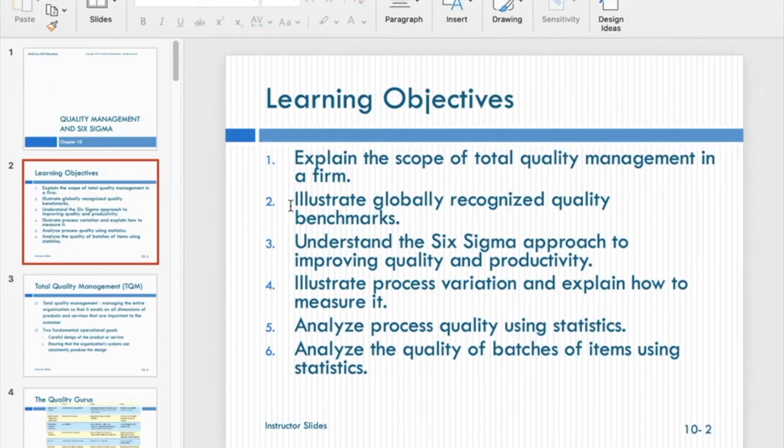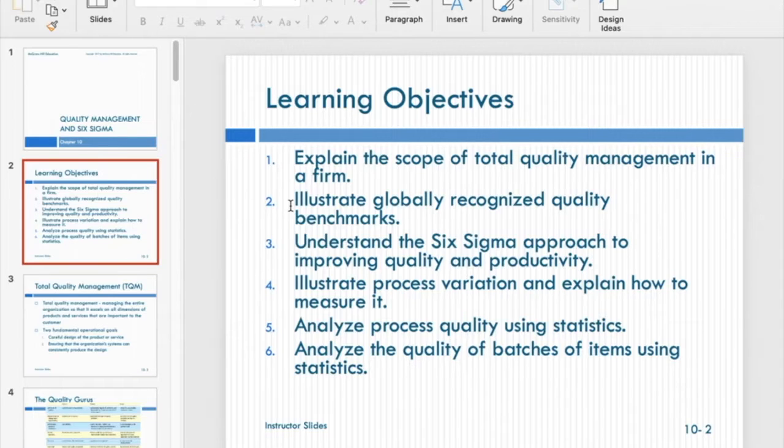So we will first understand what the Six Sigma approach is qualitatively, and further we will use this quantitative approach to improve quality management or productivity in the production process. So this is the third one.